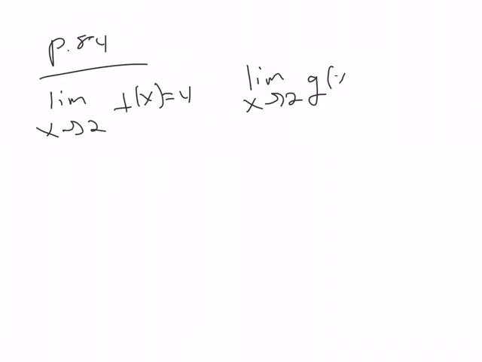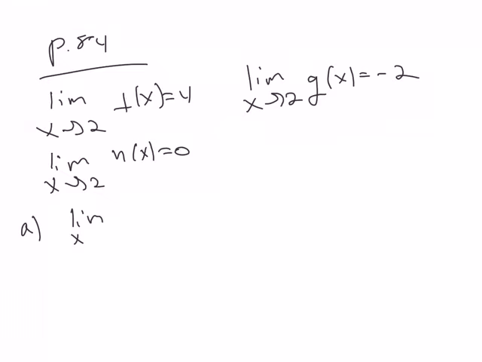We are given that the limit as x goes to 2 of f of x equals 4, the limit as x goes to 2 of g of x equals negative 2, and the limit as x goes to 2 of h of x equals 0. So for part a, find the limit as x goes to 2 of f of x plus 5g of x.